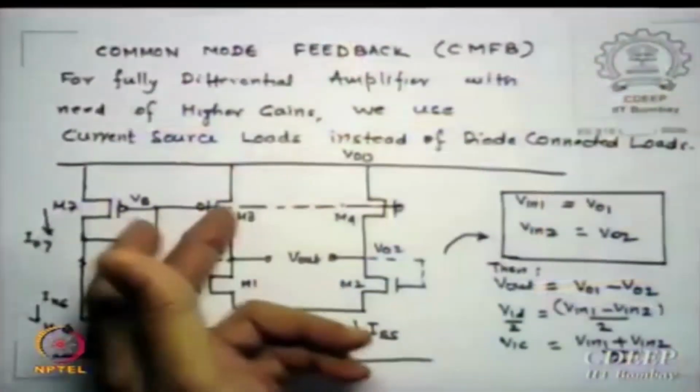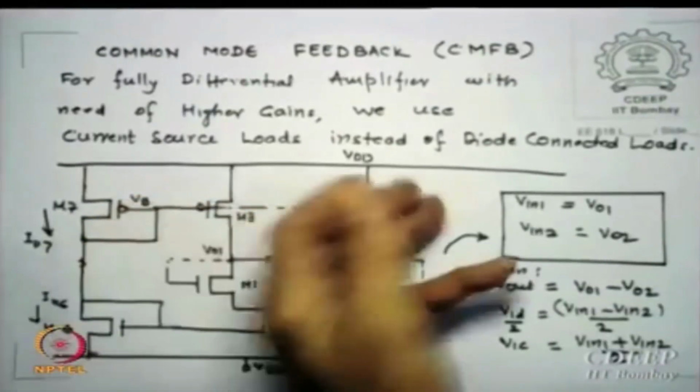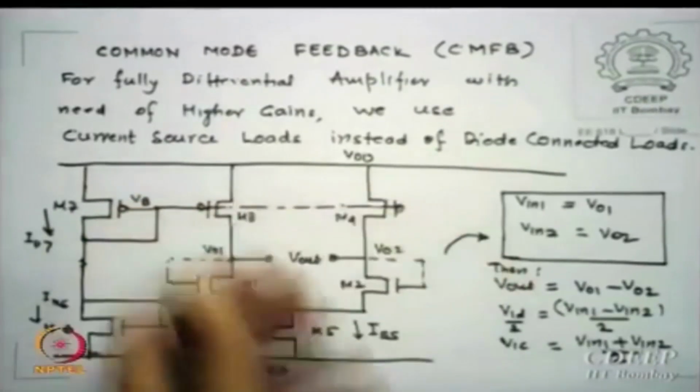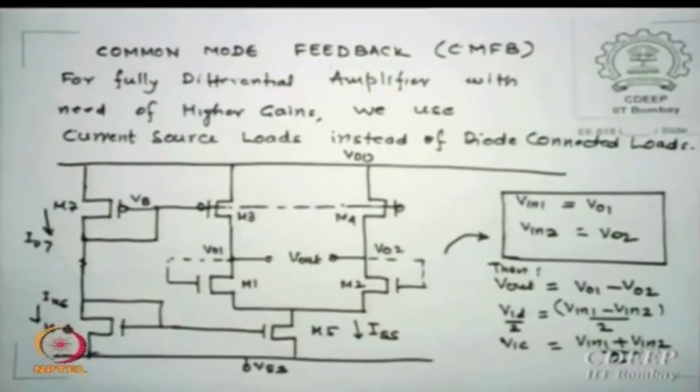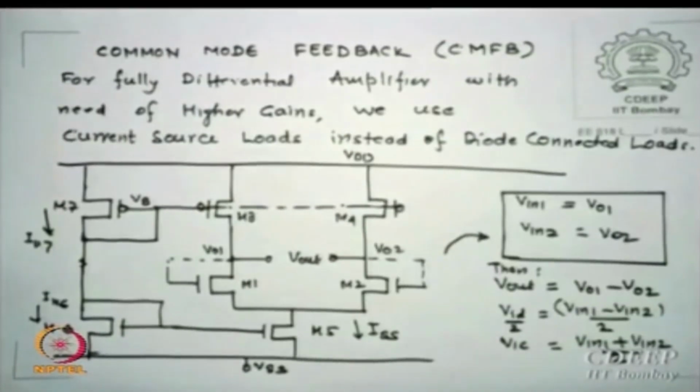Now what can happen? There are two possibilities: this current is larger than ISS by 2, or this current is less than ISS by 2, because the P source current is not the same as the N source current. Is that clear to you?